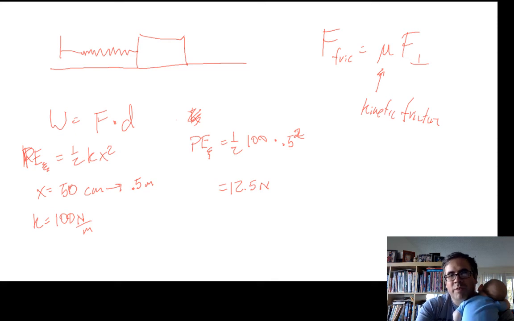What I'm missing from this is some kind of measure of the distance that this is going to travel in its oscillations.